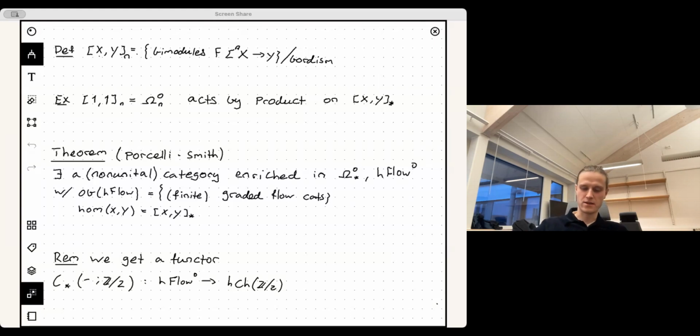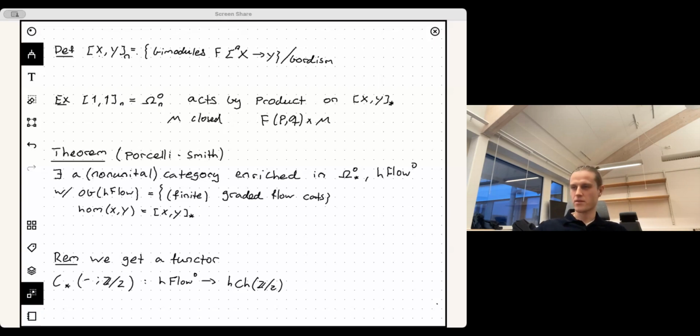If I have a closed manifold M and I have some flow bimodule F, I can just take F_PQ times M. And because M is closed, this is not going to mess up the corner structure, but it's going to just change the dimension of everything.